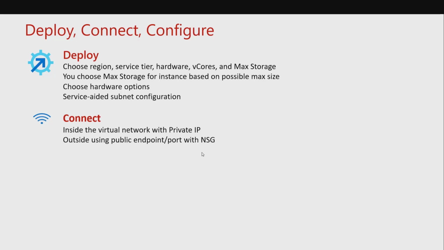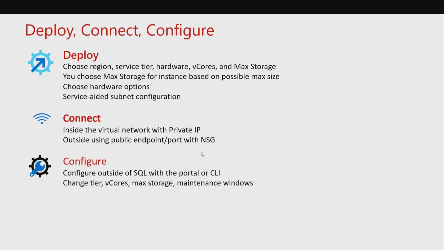You can connect within the virtual private network with a private IP, or if you set up the network security group on Azure, which we basically beg you to do, you can even open the public endpoint. But please be careful. We want your data to be secure. You can configure outside of the SQL to do the changes in Azure Portal, with CLI or PowerShell.